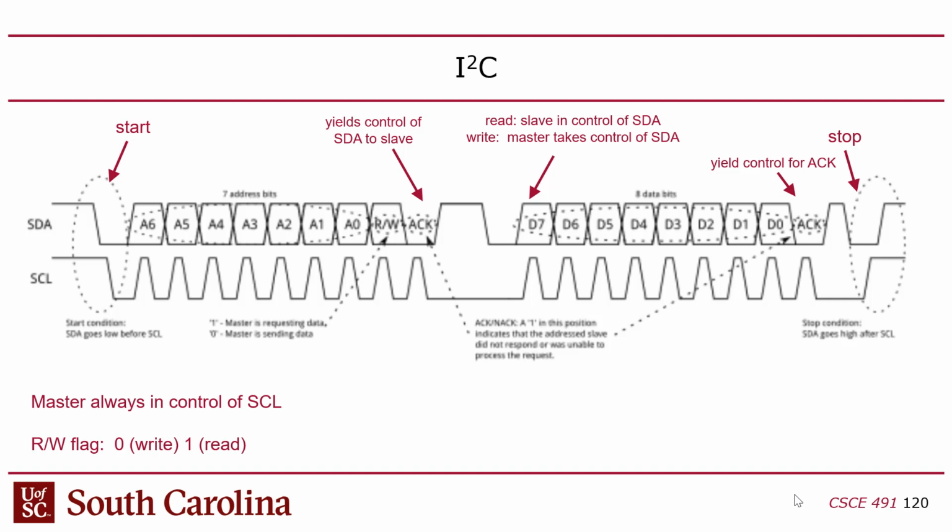And so when I want to go from idle and turn the bus on, basically to take mastership, I'm just going to take the data line and drop it, right? While that clock is high, and boom, that activates the bus, right? And at that point, now obviously, as you might imagine, there's going to be some logic in there for detecting collisions. Because what happens if two masters do that at the same time?